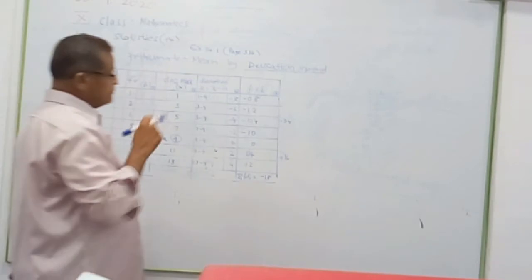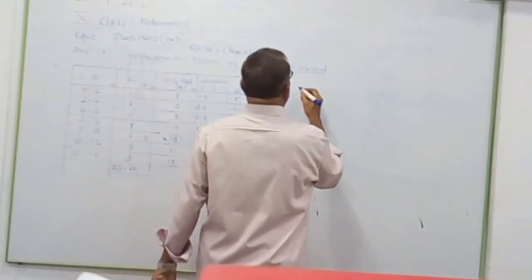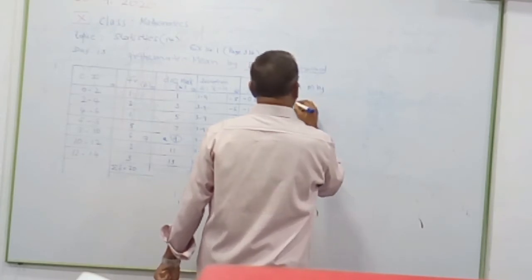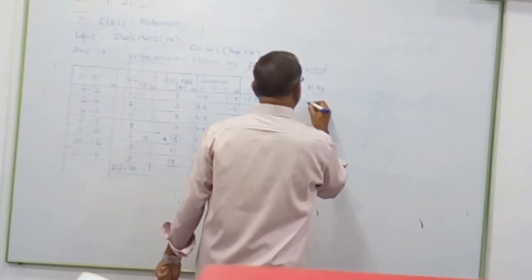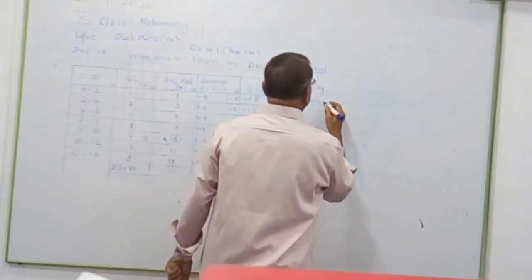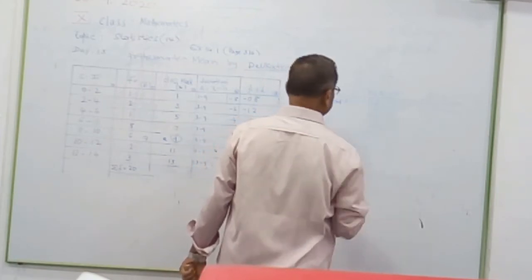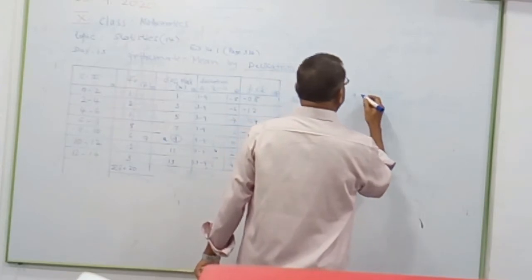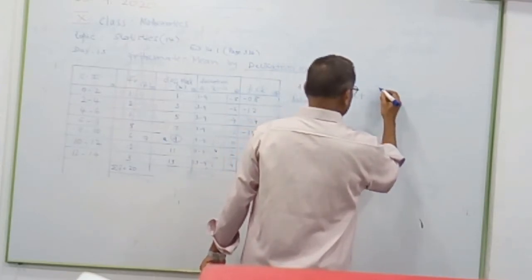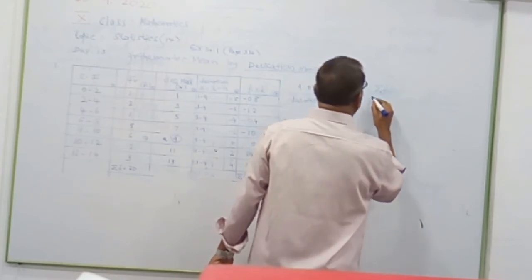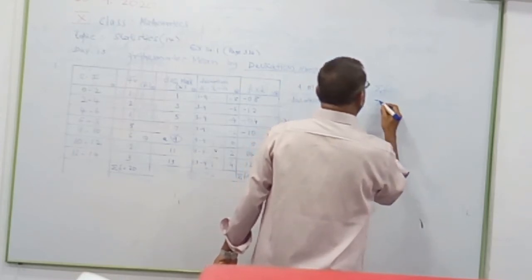Now write the formula. AM by deviation method is equal to A plus sigma fi di by sigma f.